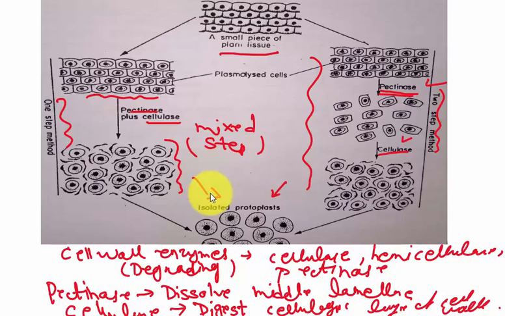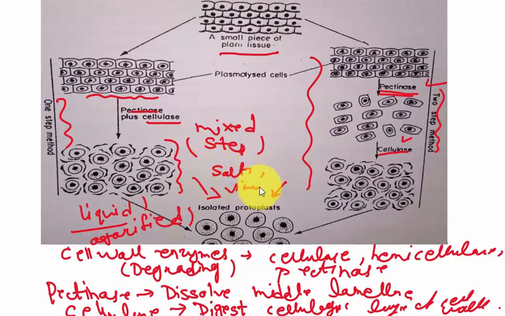The isolated protoplast can then be cultured either in a liquid medium or in an agarified medium. We have already discussed that the media contain salts, vitamins, carbon source, growth hormones, coconut milk and organic acids.